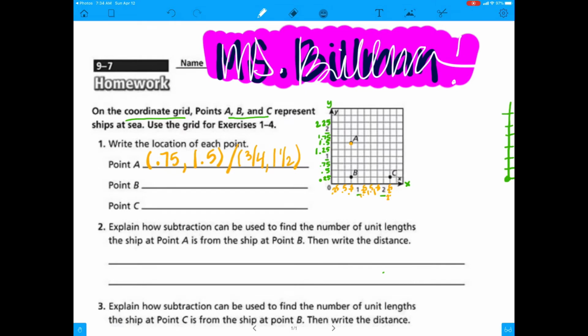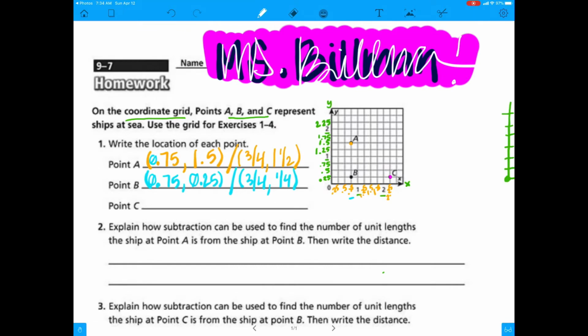Let's look at point B. Point B has the same X coordinate, 0.75 or 3/4, but I do not go up 1.5. In this case, I just go up 0.25, or one of the squares, which would be 1/4. Either way, they share an X coordinate, and you can see that even in the fractions, where it's 3/4 for both, but their distance above is separate.